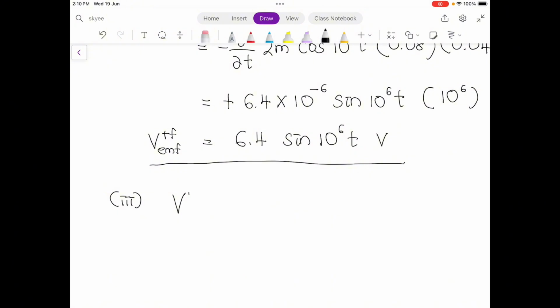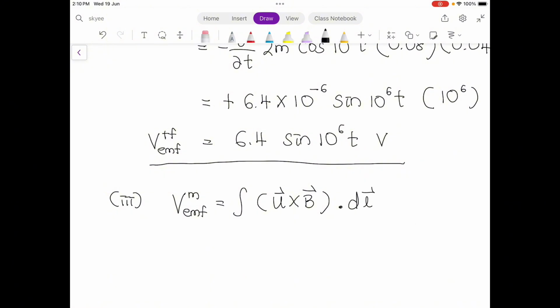So for motional EMF, the equation that you have to use is the integral of u cross B dot dl.